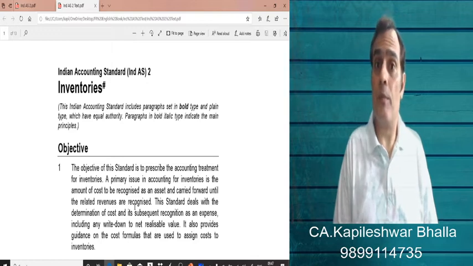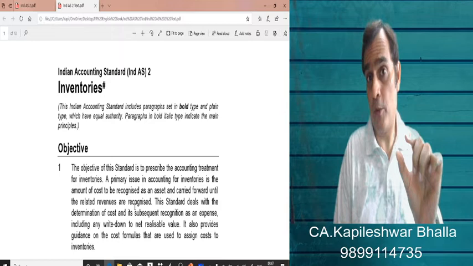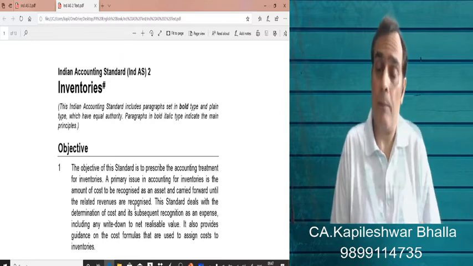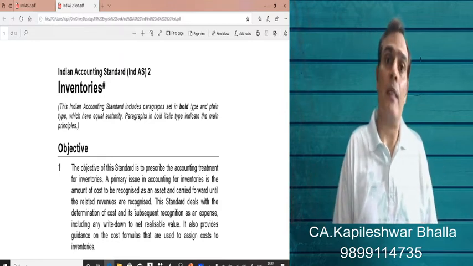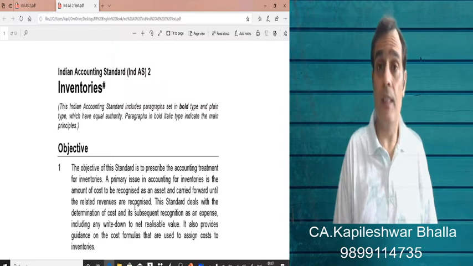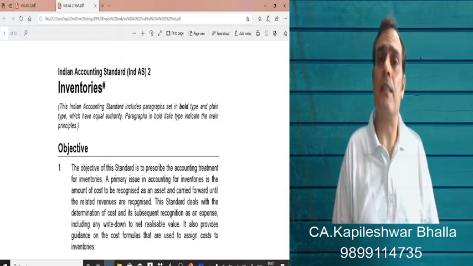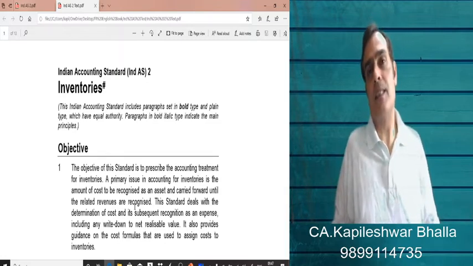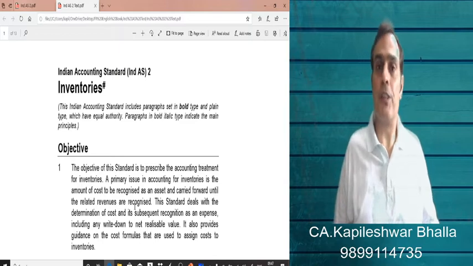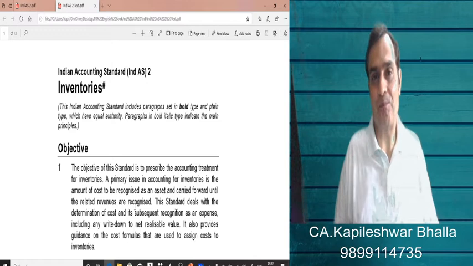But when it comes to raw material consumed for production, then para number 32 applies, wherein we saw that the valuation of the raw material is completely dependent upon the valuation of the FG. If the FG is taken at cost, raw material is also taken at cost. But if the FG is taken at NRV, then raw material is taken at cost or replacement cost, whichever is less.